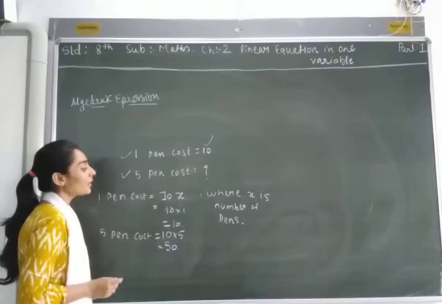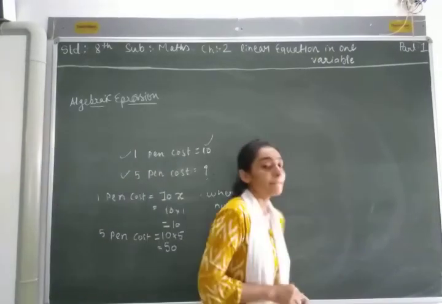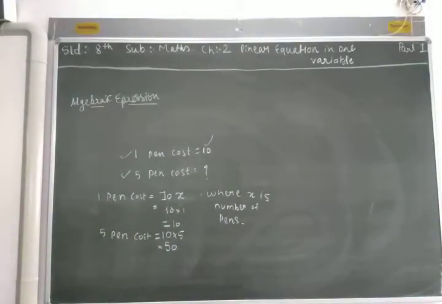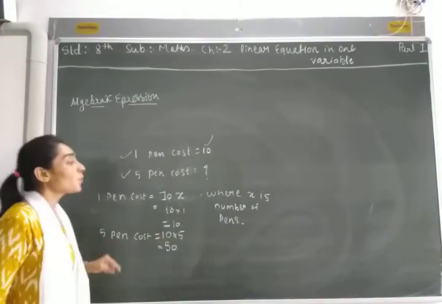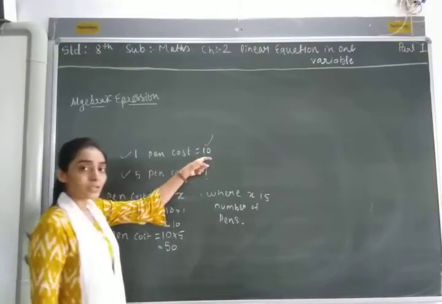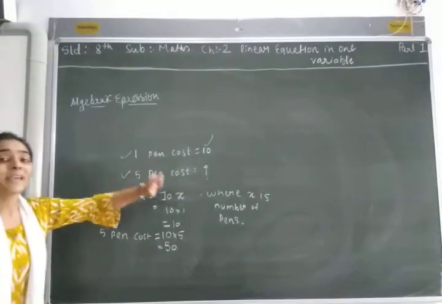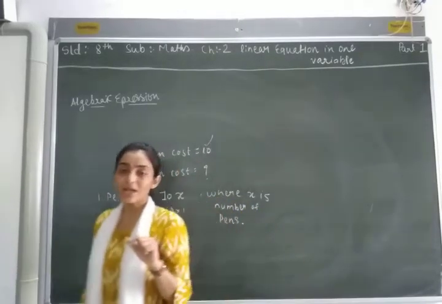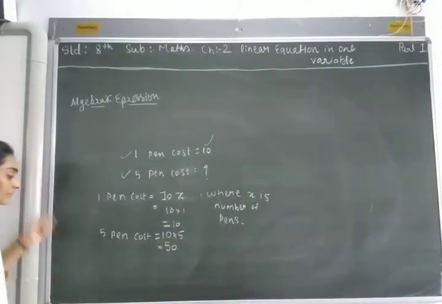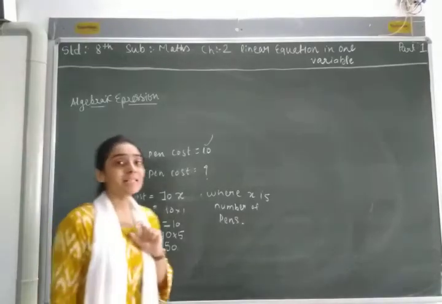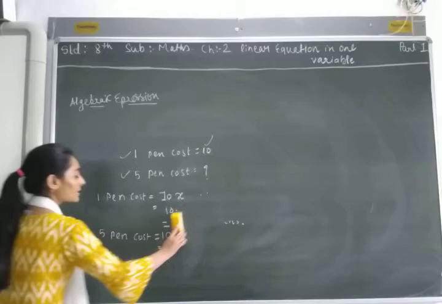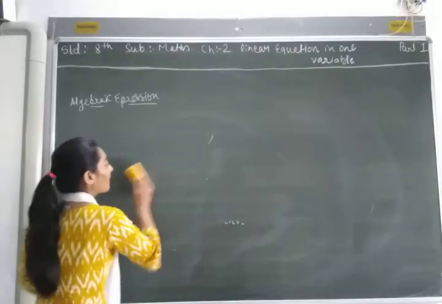Now look at over here. When an expression contains a constant, variable and operations like addition, multiplication, subtraction, it is called an algebraic expression.